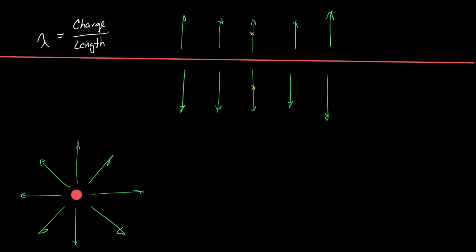And similarly, looking down the wire itself, I would have a symmetry that the electric field, maybe even the electric field in a circle around the wire, would be the same all the way around the wire. You guys think that that's okay?